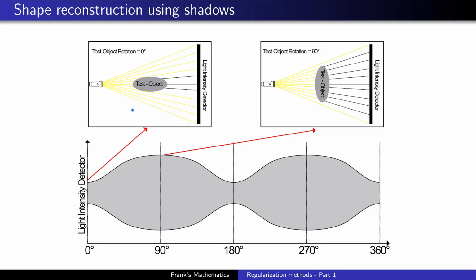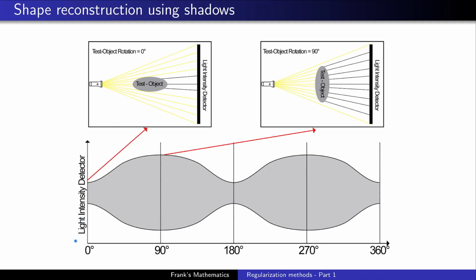The input for our forward problem is our two-dimensional test object, which is now plugged into our black box, which then computes for every angle the light intensity detector measurement and gives the 2D output plot, which you can see here. This is our forward problem. So again, the forward problem gets a two-dimensional object and outputs the light intensity detector measurement.